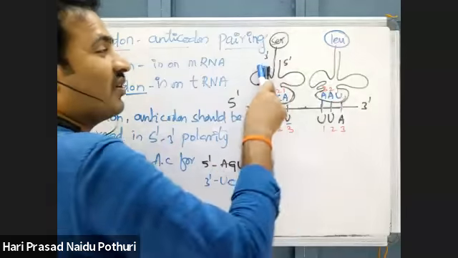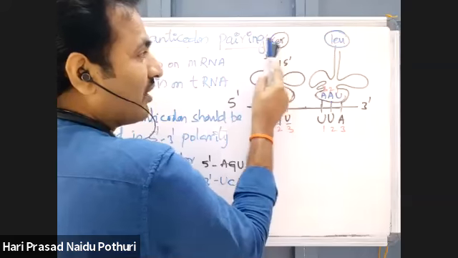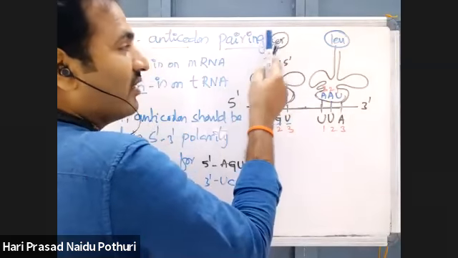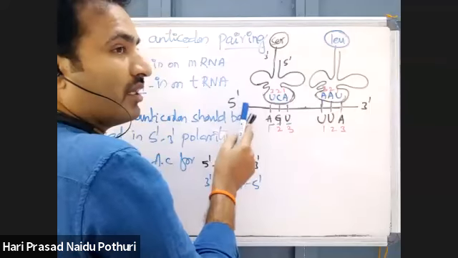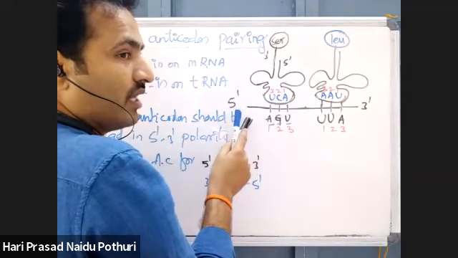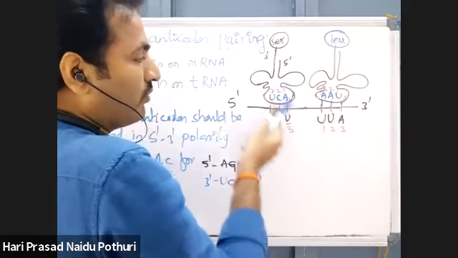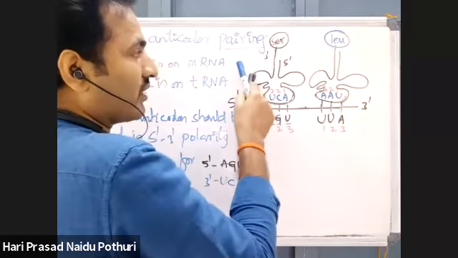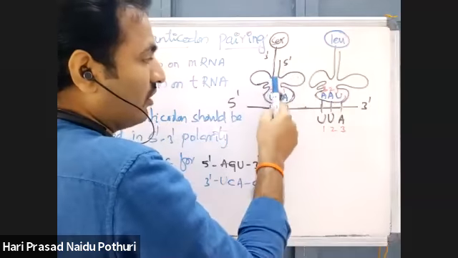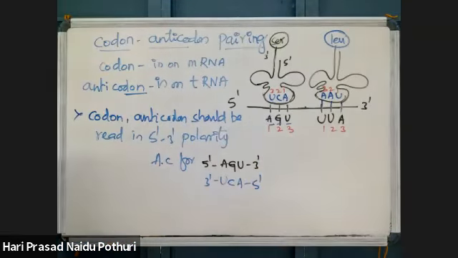Don't write the amino acid that side. You should write the amino acid on the left side only, because the 3 prime end should be complementary to the 5 prime end of the mRNA. This is very important. As the 5 prime end is this side, tRNA will be bound in reverse direction, so we should write the nucleotide sequence on the anticodon in reverse sequence, ACU.